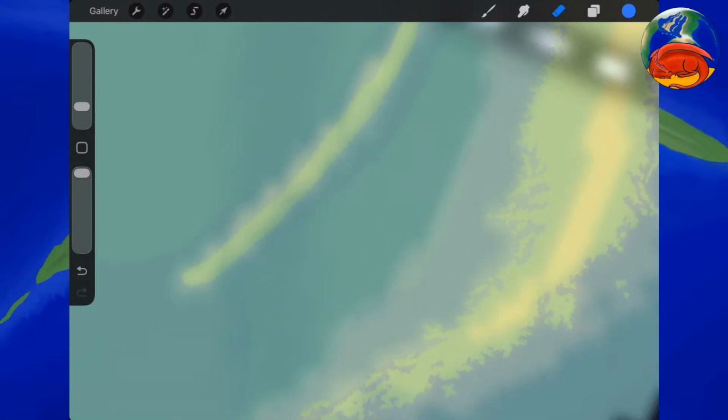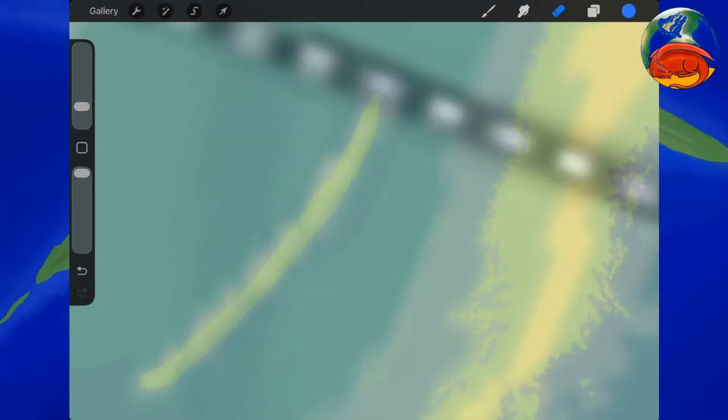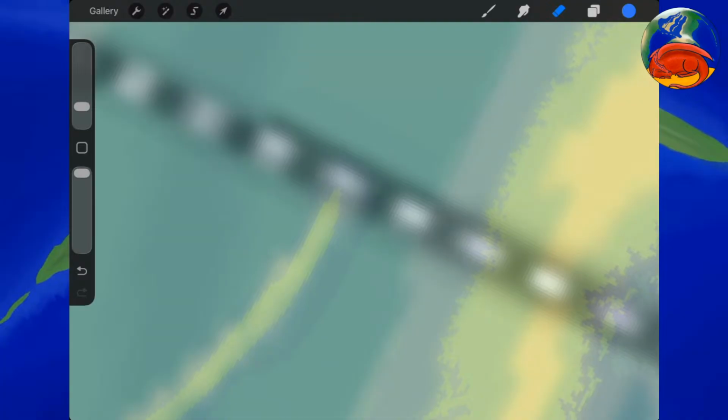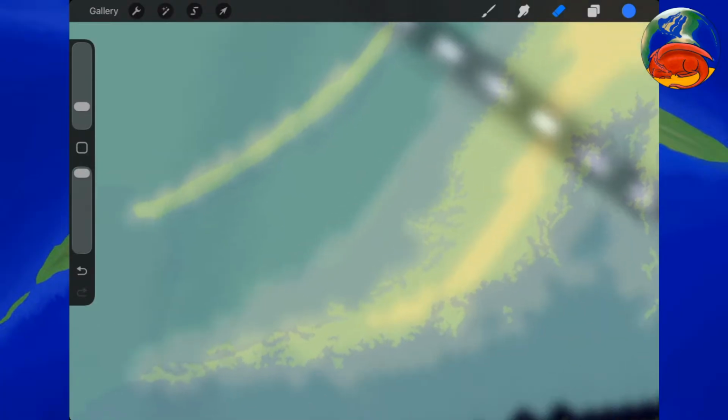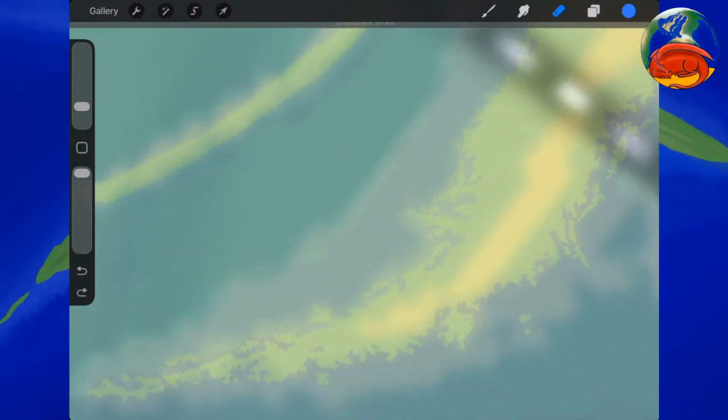Then we're going to have it over here, and we're probably going to get rid of it over there. Okay, and we're going to probably pull it in.